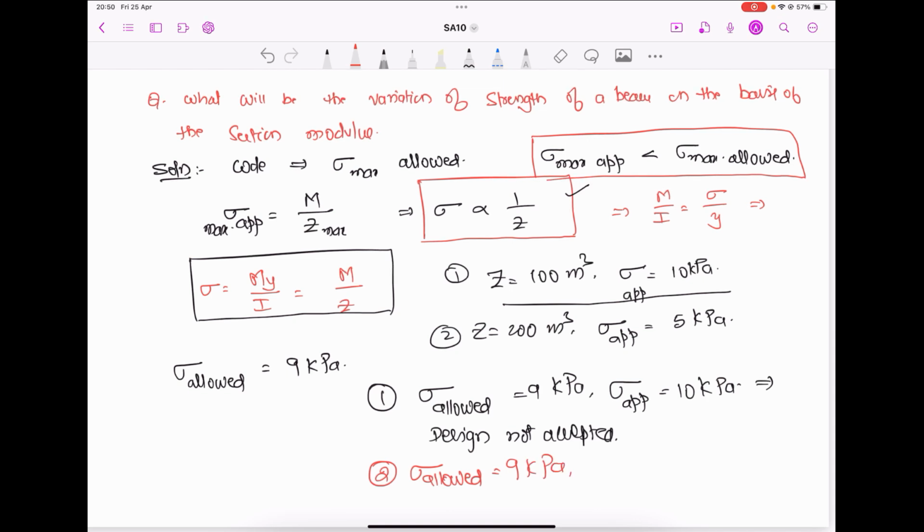Because of the increased Z, sigma applied is equal to 5 kPa. Because sigma applied is less than sigma allowed, that means it is accepted.